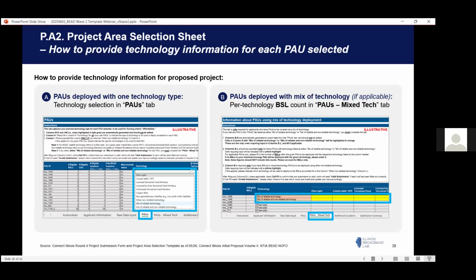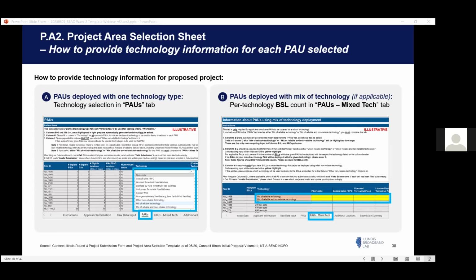Yeah, in the next slide here, as we mentioned, you will have the opportunity to select the technology that you wish to deploy for each of the PAUs that you've selected as part of your project area. We'll take a closer look at this in the demo as well, but we list out all of the different technologies in here. And for each of the PAUs that shows up as different rows, we're able to select the technology you would like to deploy. Again, with Wave 2, you're also able to submit other reliable technology and even alternate technology applications.